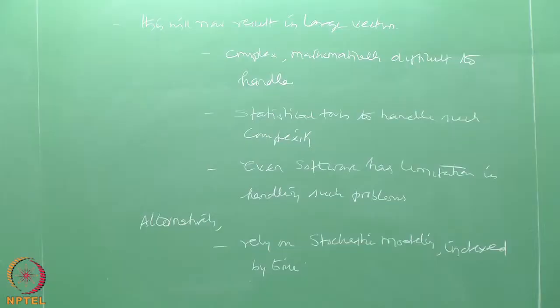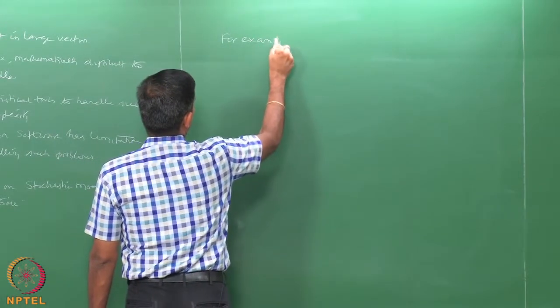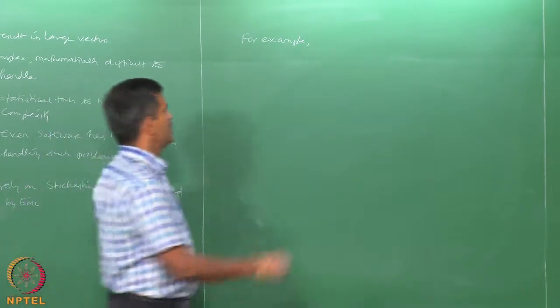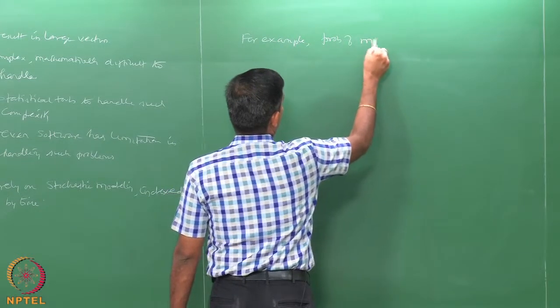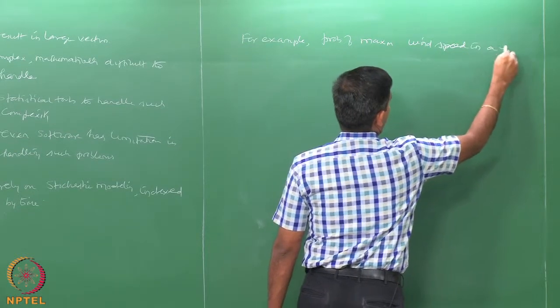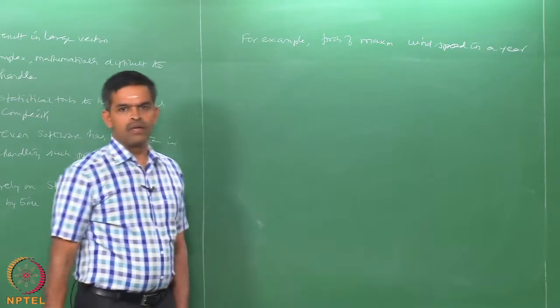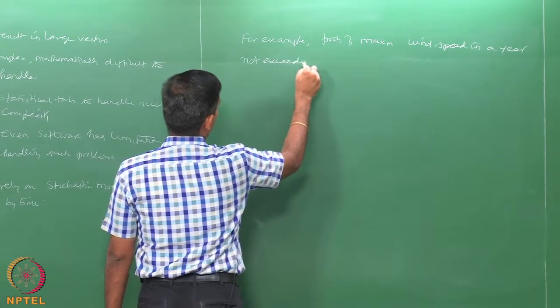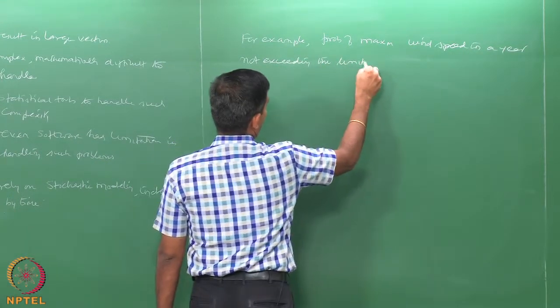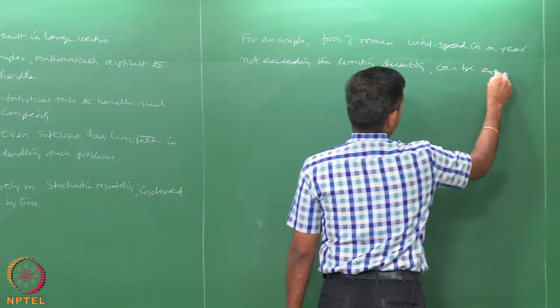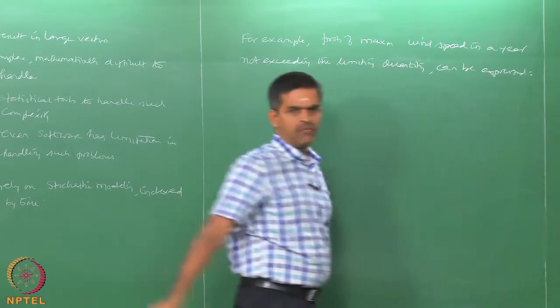For example, probability of maximum wind speed in a year not exceeding the limiting quantity can be expressed as follows.